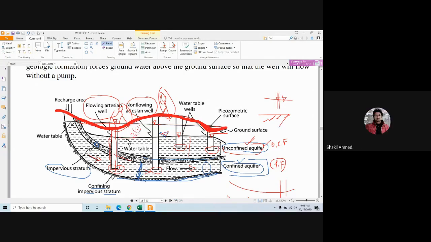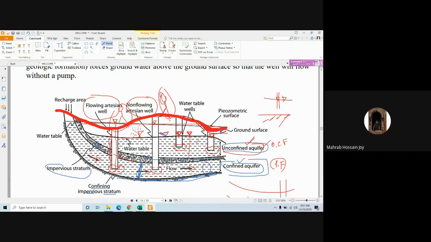So this is the water level for the unconfined aquifer. So the water level will be here. These are the water table wells. Water is not under pressure, therefore the level will be the same. Is it clear?